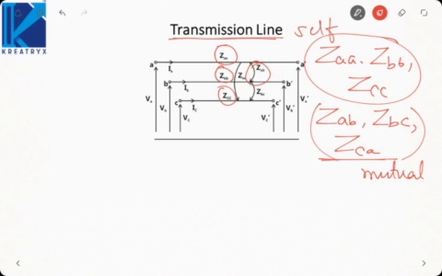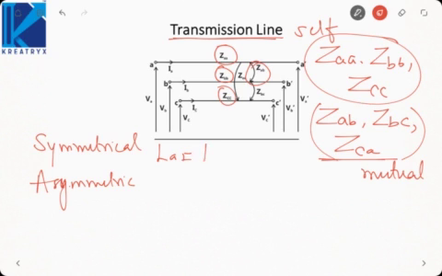Now we studied in case of transmission lines that in case of symmetrical configuration, all inductances were equal. But in case of asymmetrical, inductances were unequal. Okay. So what we did to make the inductances equal?